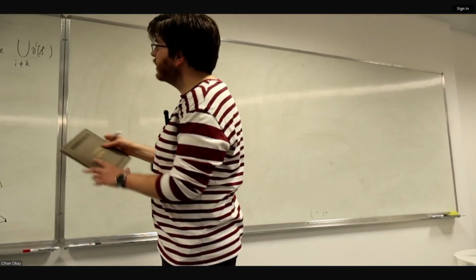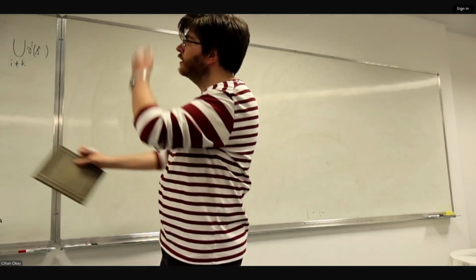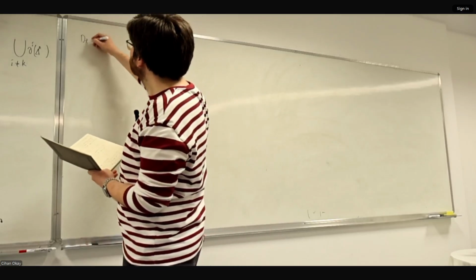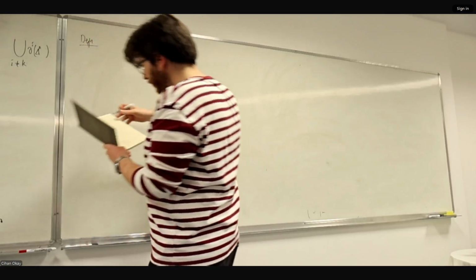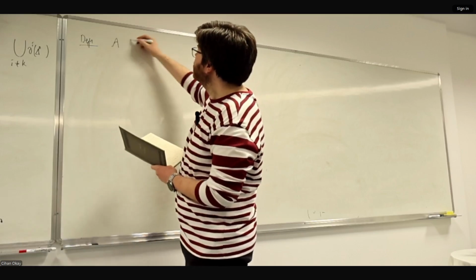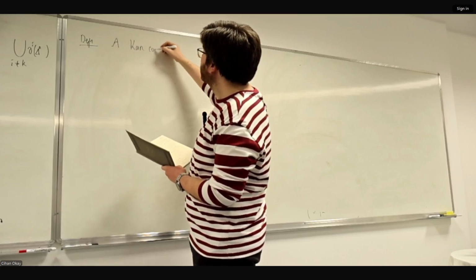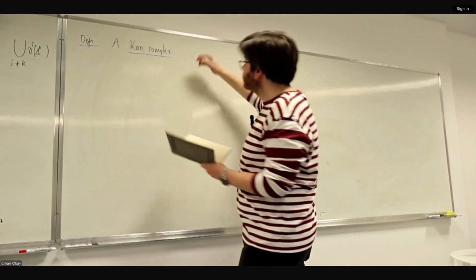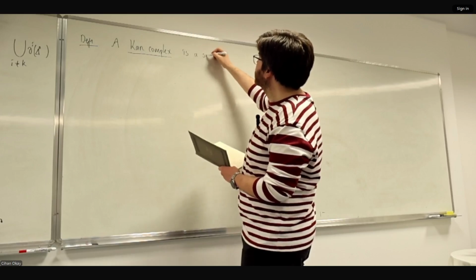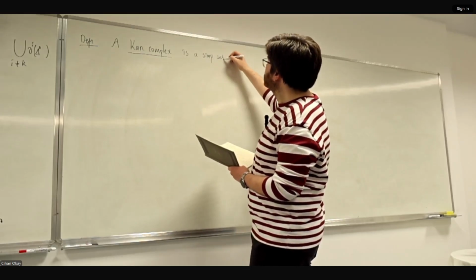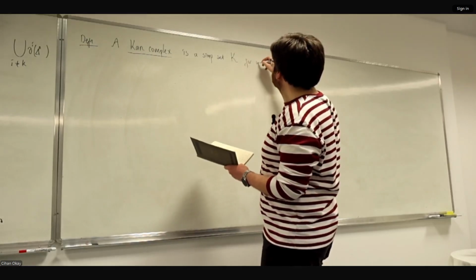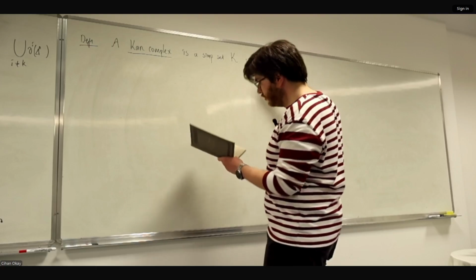So what we call a Kan complex. Definition: a Kan complex is a simplicial set, let's say K, for which we also have some extra condition.